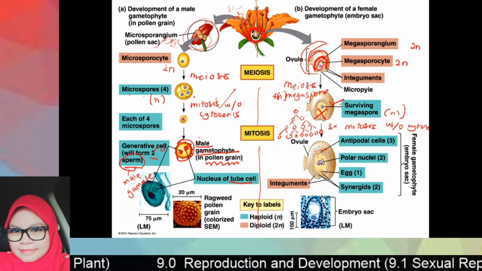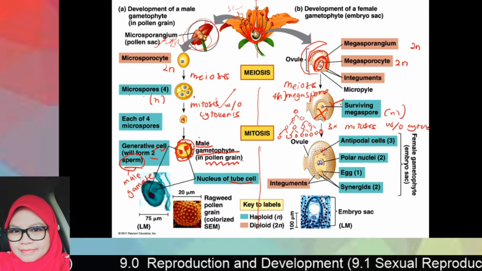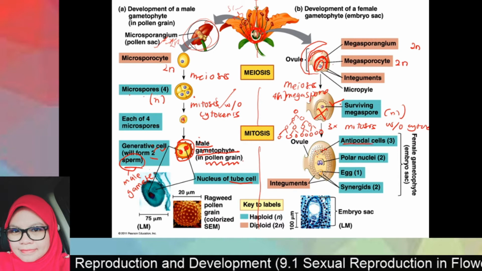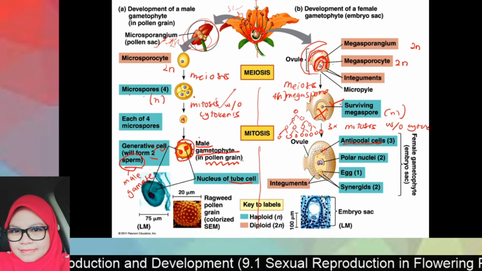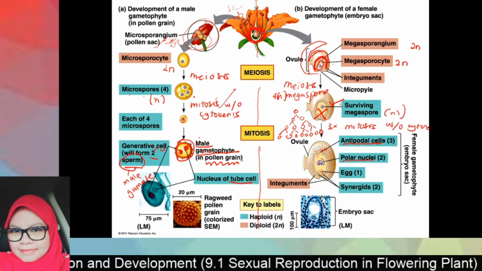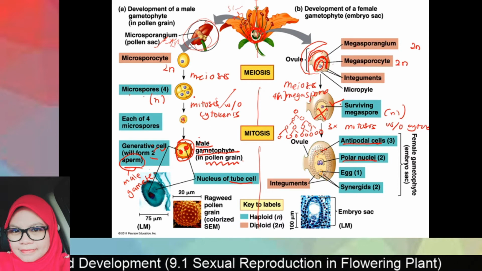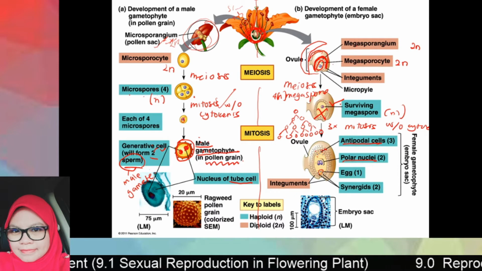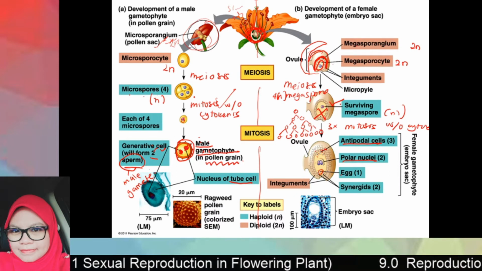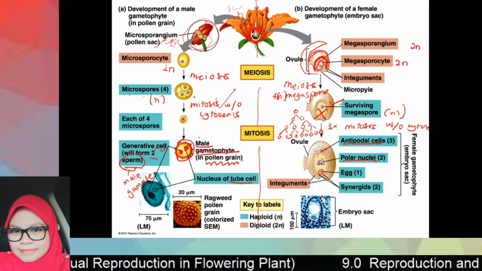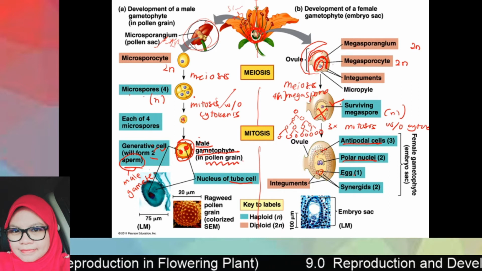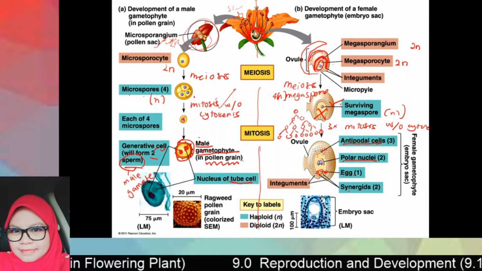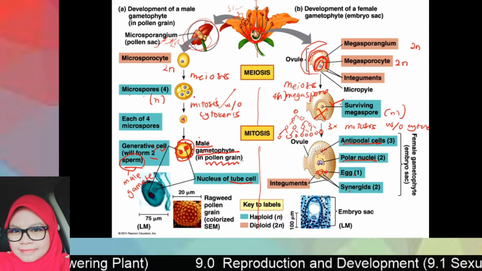The 3 cells at the top we call antipodal cells. At the center are the polar nuclei. At the bottom, the large cell here represents the egg cell. And the other 2 cells next to the egg are synergid cells.